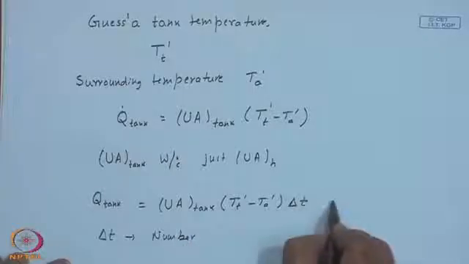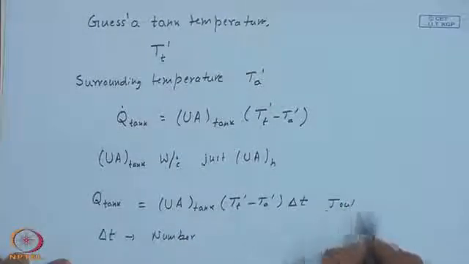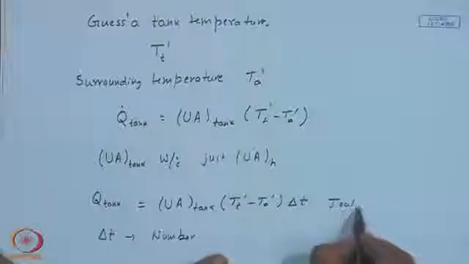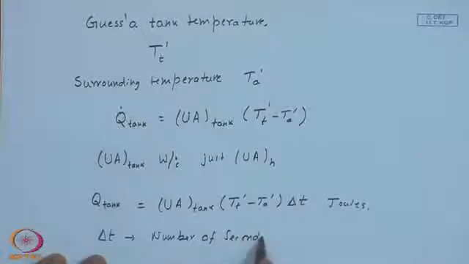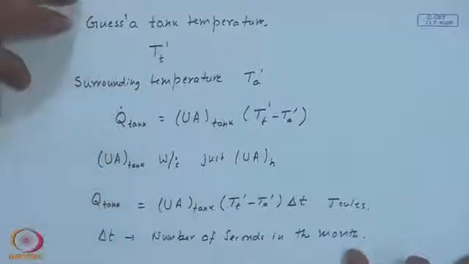It should not differ so much with the temperature. This makes it joules. If U is in watts per meter square degree C, this will be so many joules, for the number of seconds in the month.